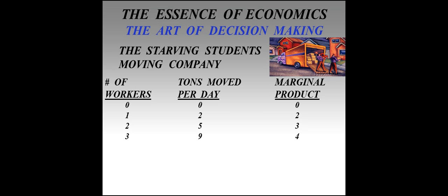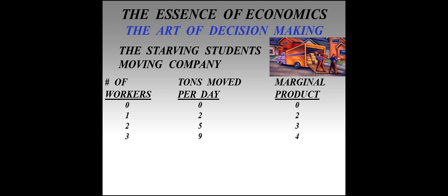But let's say the company gets an offer to do a job that is significantly different than the jobs they'd been doing in the past and had developed a comfort level with. Let's say instead of just moving boxes and some light furniture, they take an opportunity to move some large number of pianos.